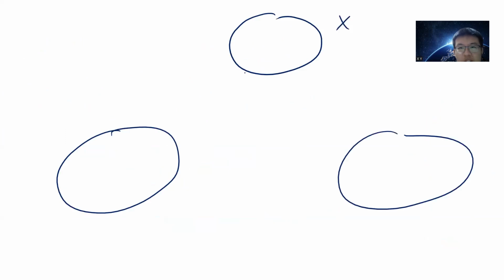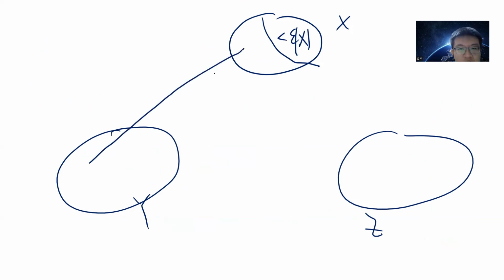Now we have this picture. We have X, Y and Z, and we know that less than an epsilon fraction of X has few neighbors in Y. So let's pick x among the rest.